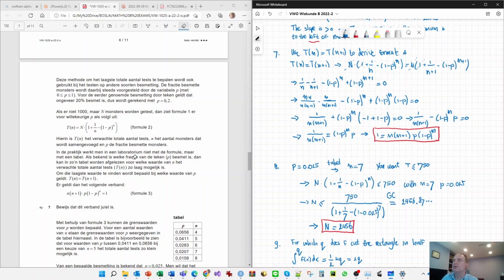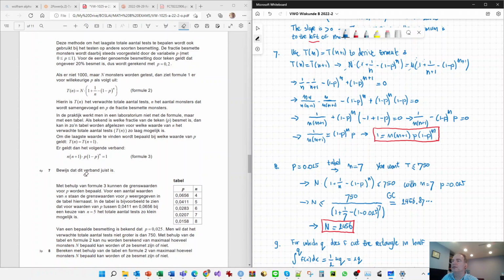Again, a long story. I think they want to optimize or minimize the number of tests you need to do to get results in a certain lab.